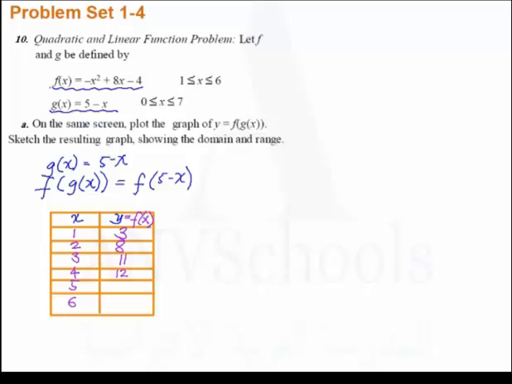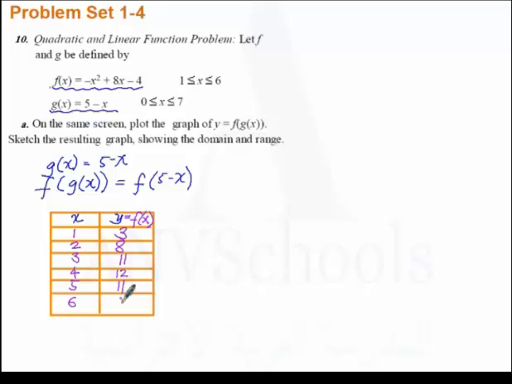If our x is equal to 5, that would be negative 25 plus 40 minus 4. So that's negative 29 plus 40. That's positive 11. If our x is equal to 6, that would be negative 36 plus 48 minus 4.